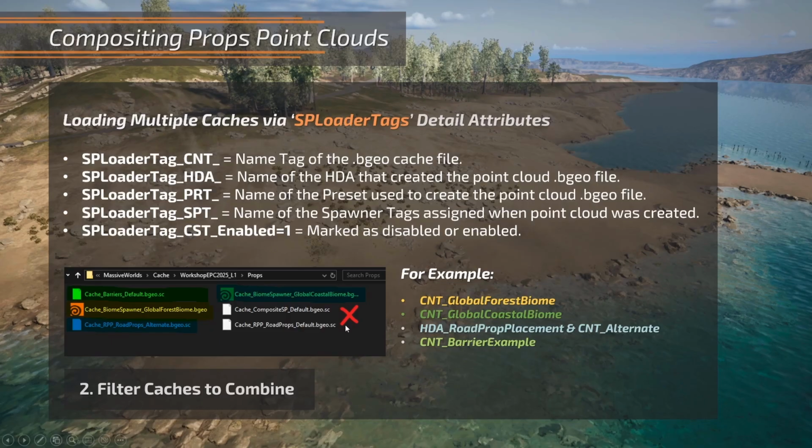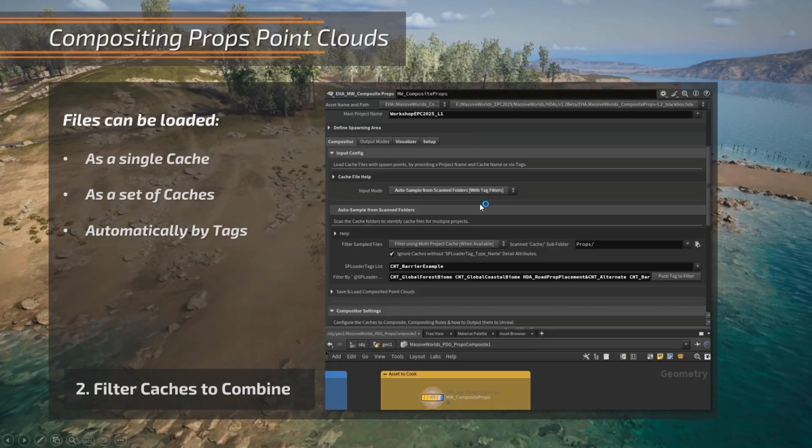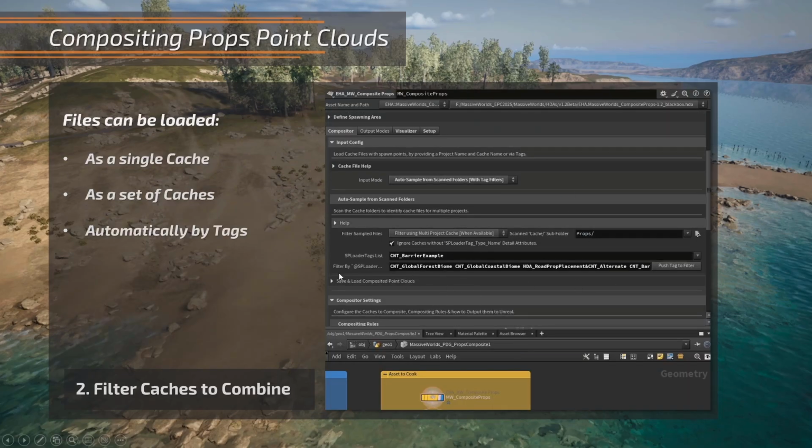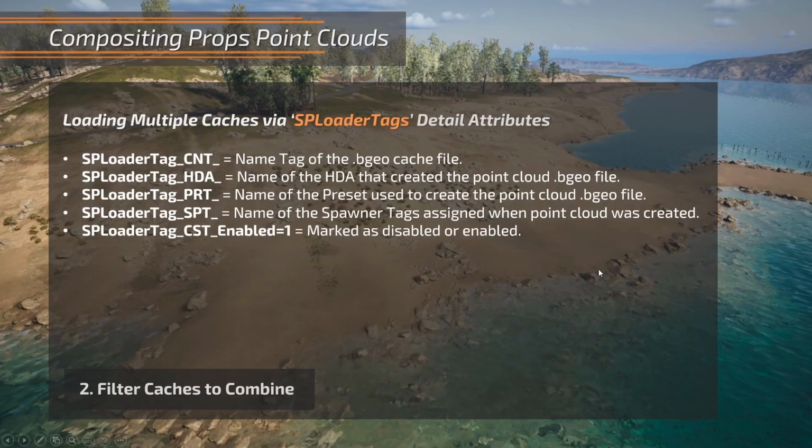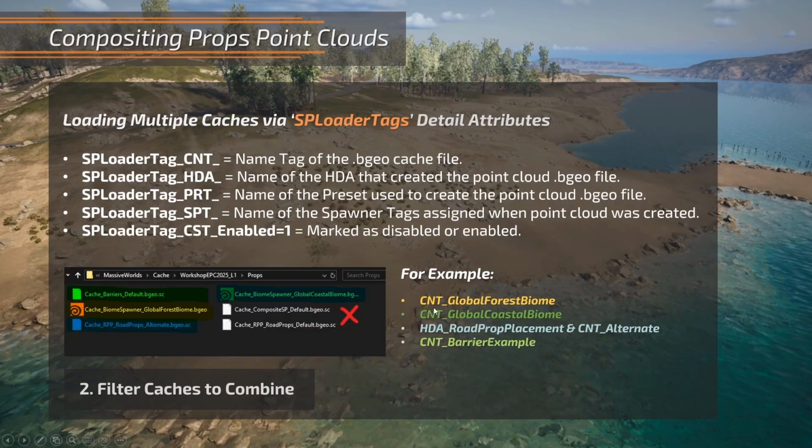And here's basically an idea for how this will work. For example, here we have 6 caches in our folder on this landscape here. And currently we are loading these 4 files, right? And these are based on the rules that I was setting up in this particular video here. So you can see that we are loading the global forest biome.